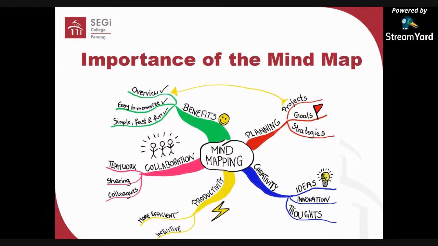So we can also use this to build your creativity to represent ideas, innovations, and your thoughts, not only what you study or the theory. You can use it later when you proceed to working or to tertiary education. Another way, you can also use mind mapping during your planning and collaboration.